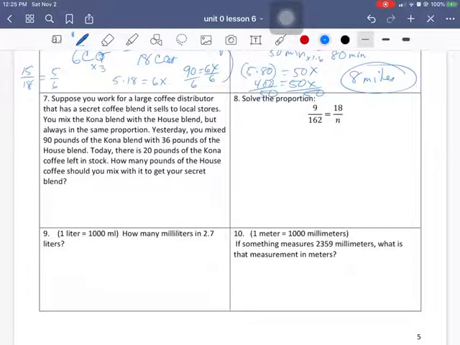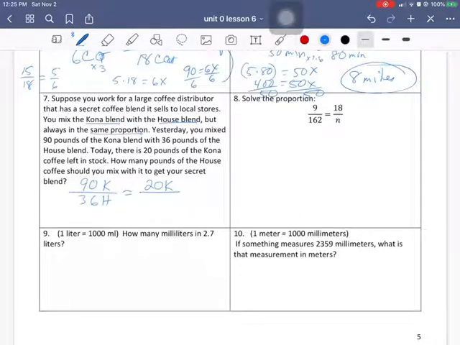Suppose you work at a large coffee distributor and they have a secret coffee blend. You want to mix the Kona blend with the house blend in the same proportion. All right, so we have 90 pounds of Kona blend with 36 pounds of house blend. Today there is only 20 pounds of the Kona.